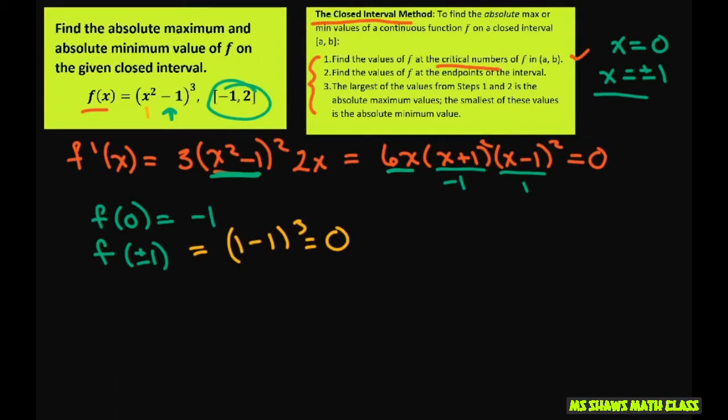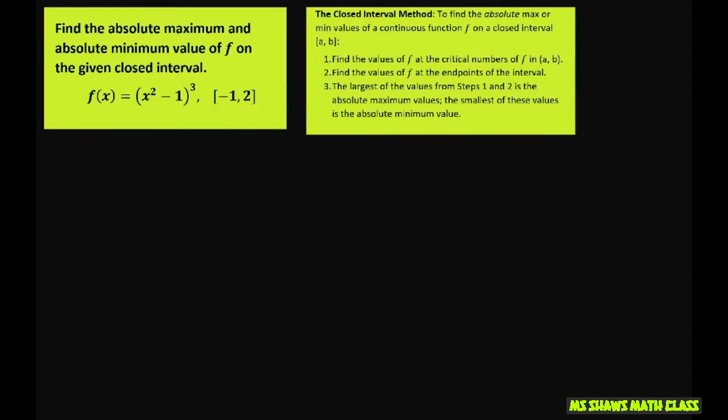Now, what we need to do is also check the endpoints for step 2. So for step 2, we're going to check f of -1. Well, we already did that. So f of -1, we already know is 0. And then we have to check f of 2.